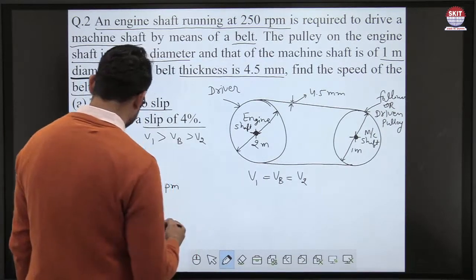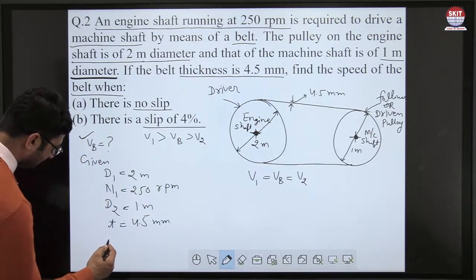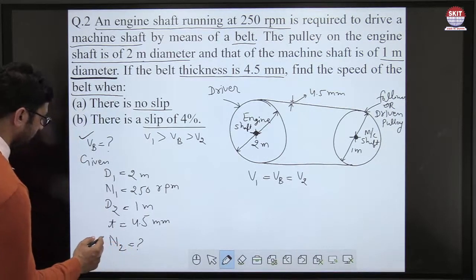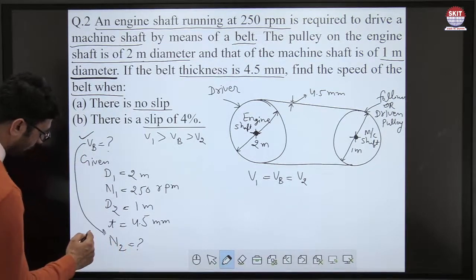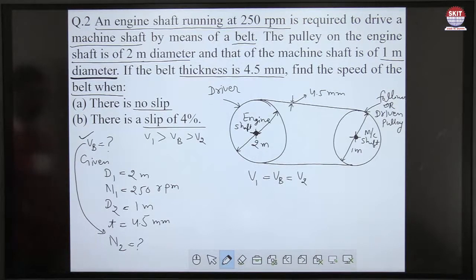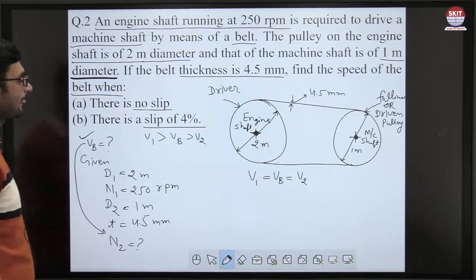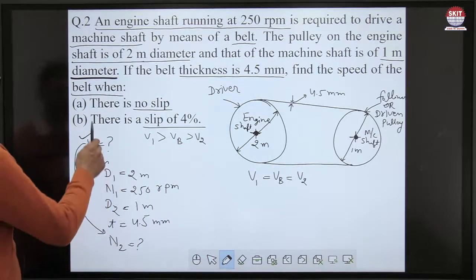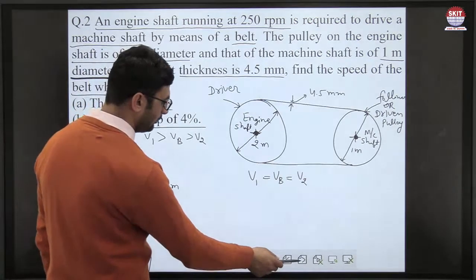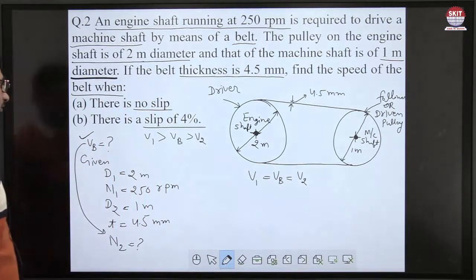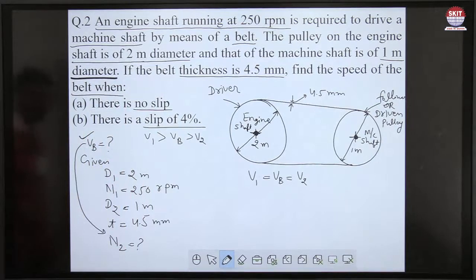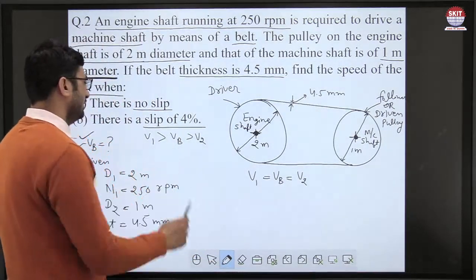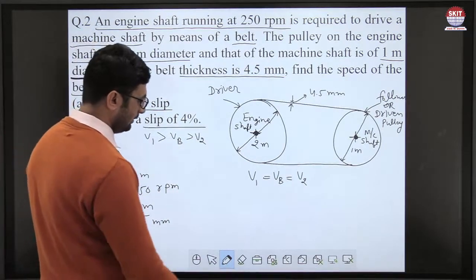So finally we find out the velocity of the belt and the value of N2. So use the formula: first we use the velocity ratio formula without slip and find out the value of N2, and after that we use the velocity ratio formula with slip and find out the value.